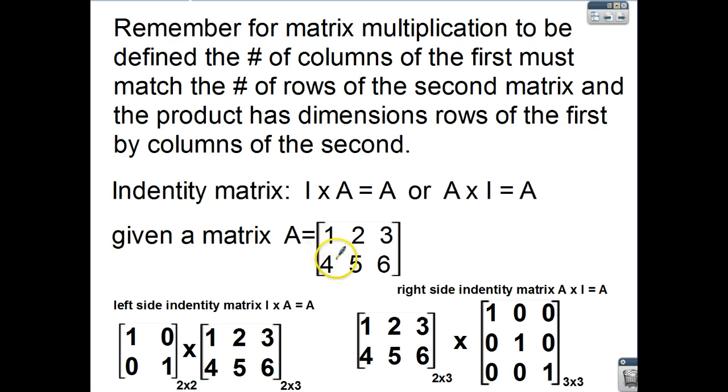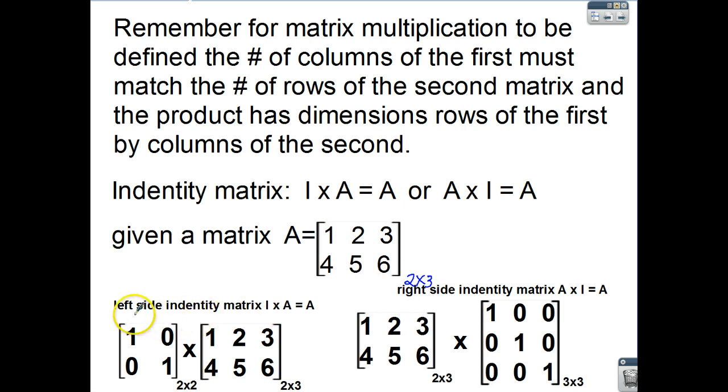So if we take this matrix 1, 2, 3, 4, 5, 6, not very creative, and we look at what the dimensions are, it's the number of horizontal groupings, or the number of rows, which is 2, by the number of columns, or the vertical groupings, and I see 3. This is a 2 by 3 matrix.